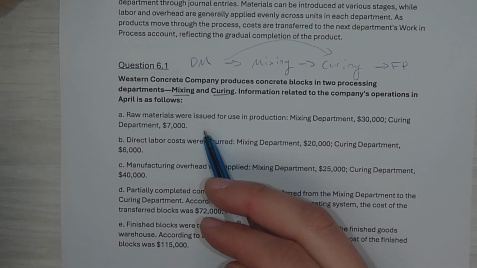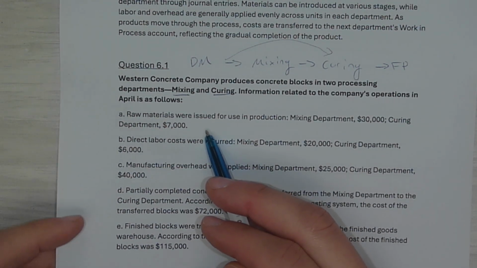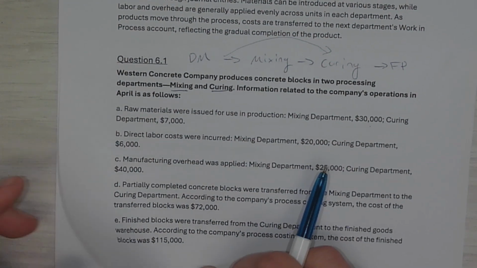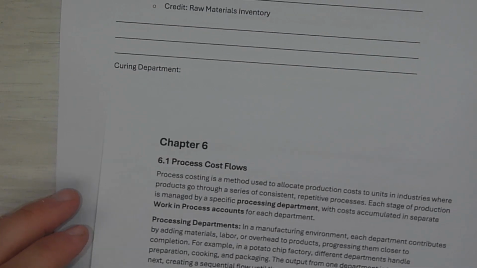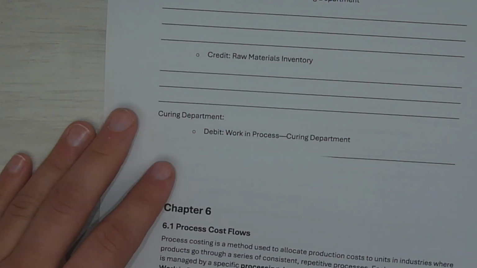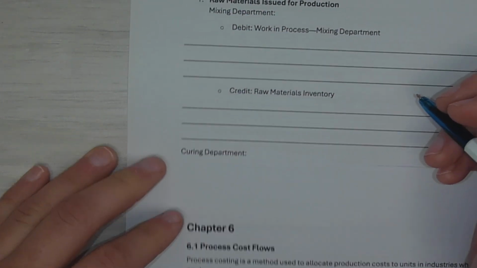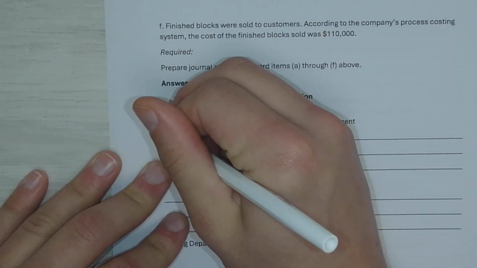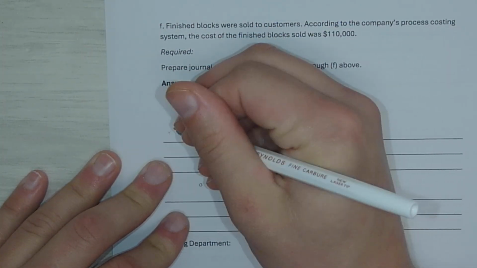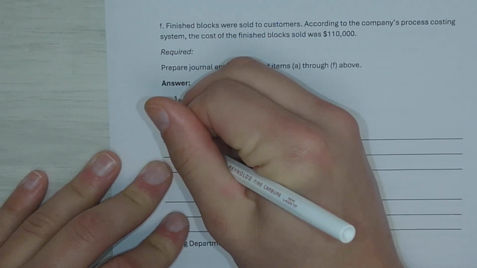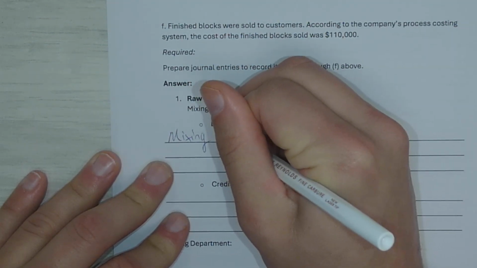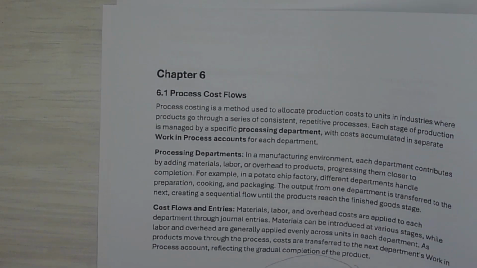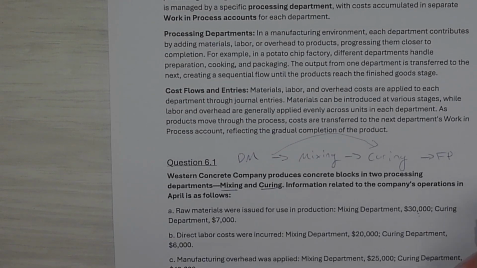So if we have raw materials that were used in production, in the mixing department and the curing department, how would we do that? Well, we're going to take our raw material, our mixing department, and we included 30,000.